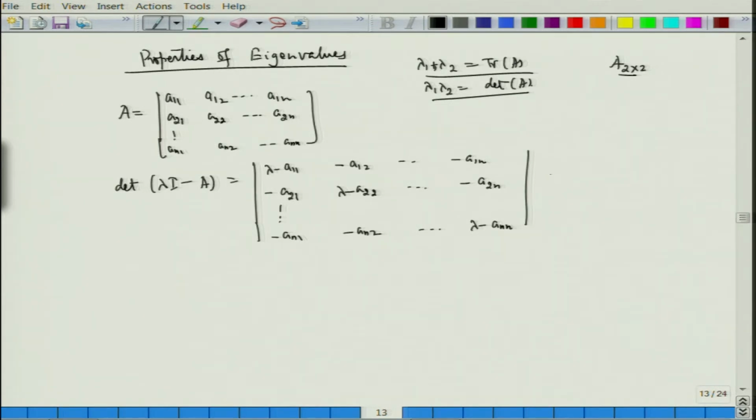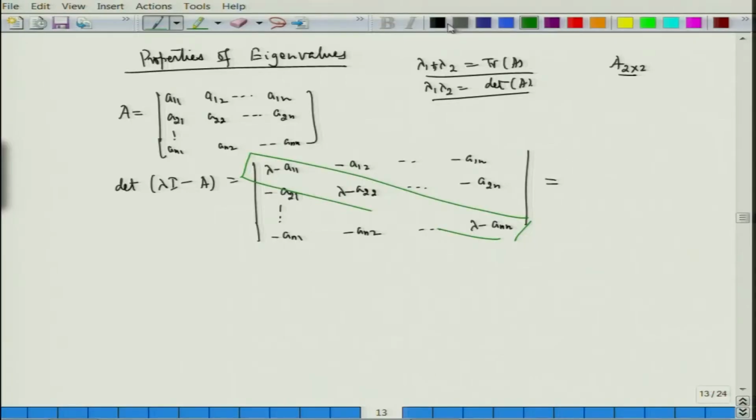What we know is that this is a polynomial. So, look at the diagonal here, the main diagonal. Lambda appears n times and therefore, it is a polynomial in lambda of degree n. That we had said earlier also. I did not do it, I just made a statement. So, you can see here that if I look at this, it corresponds to looking at lambda minus A11 times lambda minus ANN plus n factorial minus 1 more terms, all right.